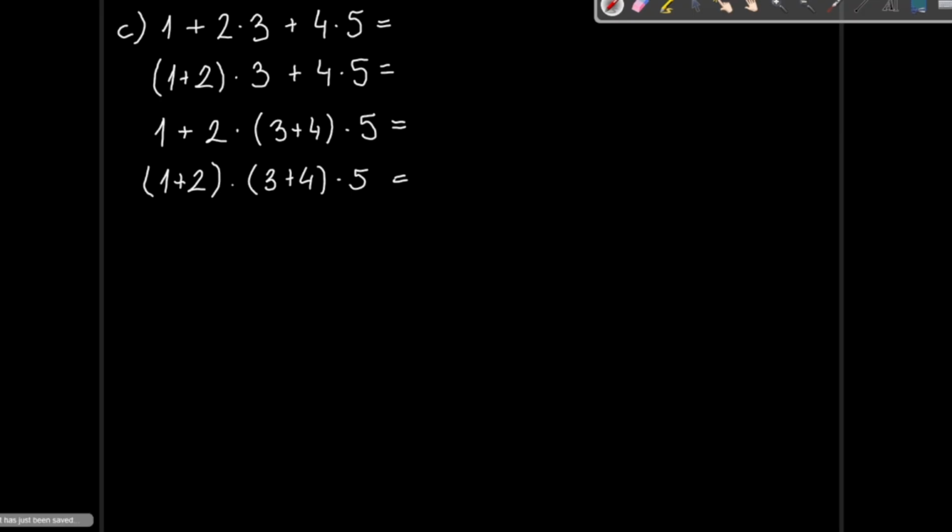So in the first case, we can do the multiplication first. Now this is made of 3 parts. That's the first part, that's the second part, and that's the third part. The parts are often separated by the plus or minus sign.